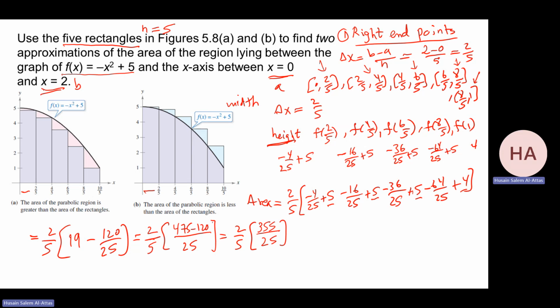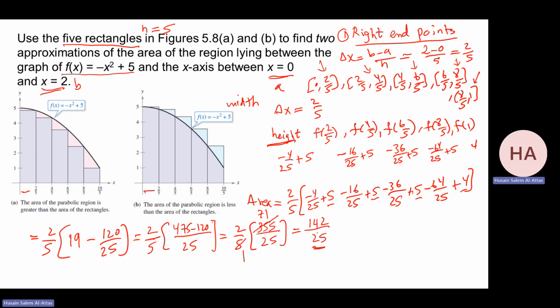Now over 5, this is 1. This will be what? 71. Yeah. So I have 142/25. This is the right endpoints. 142/25. Well, it's very clear.